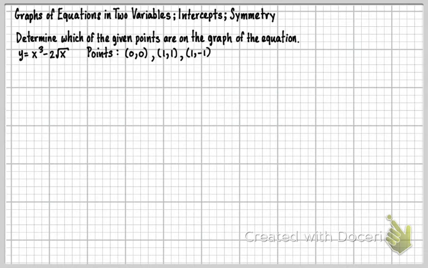So what we're going to do here is take this first point, 0, 0, and just plug it in. Remember, this is an ordered pair, so that's my x, that's my y. My x and y are both 0, so I'm just going to plug in 0 for those.